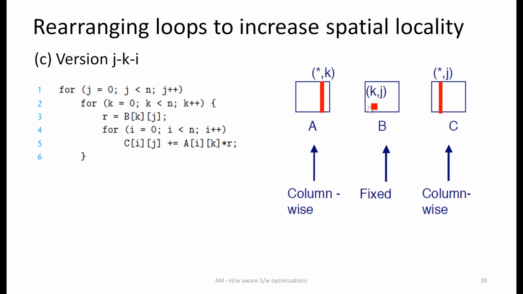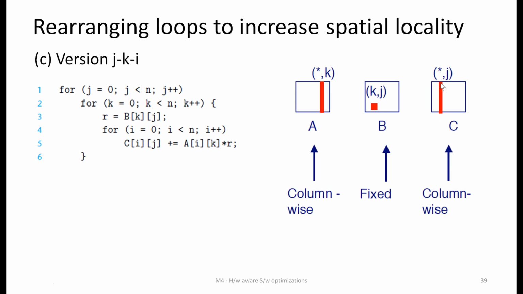We are accessing only one element of B. Before we enter the i loop itself, we have kept it ready, based on indices k and j, and we are calculating an entire column of C.